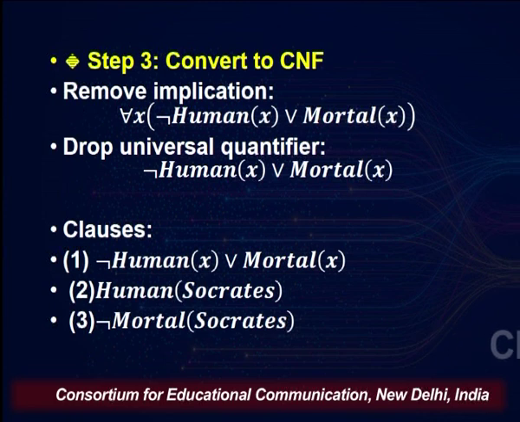Now, in order to convert into CNF, apart from removing implication, if there is any negation, that negation has to be moved inwards. We cannot move this negation inward anymore.